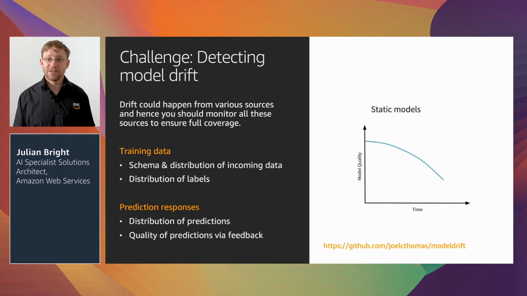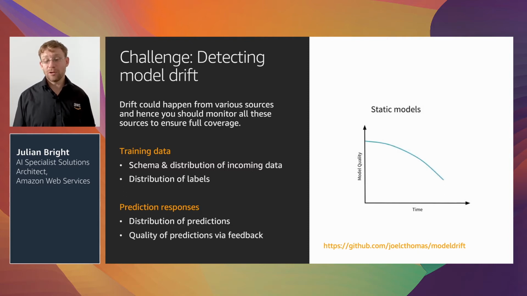Another challenge is detecting model drift and knowing when to retrain our models so that we can ensure that the quality of the models stays as high as we can. So drift can happen whereby the schema or distribution of incoming data changes over time, or indeed the labels that we're looking to predict change over time. So those responses and the predictions and the inputs need to be measured so that we can detect this distributional drift.